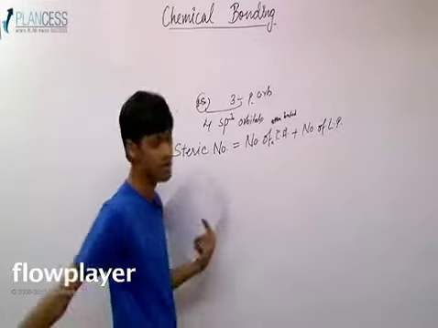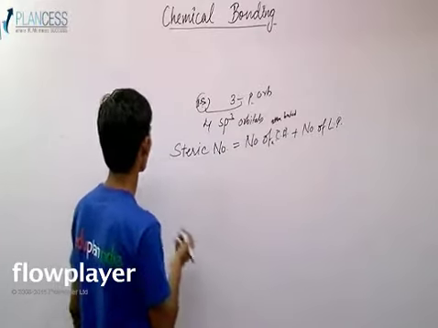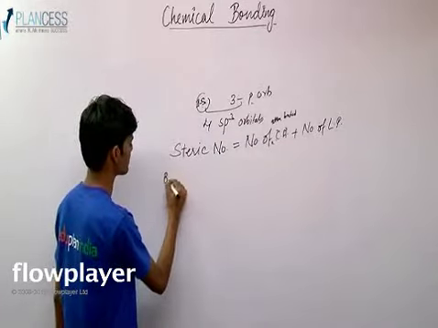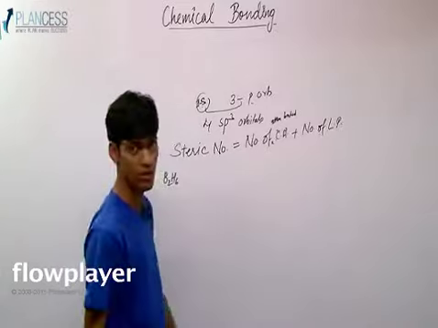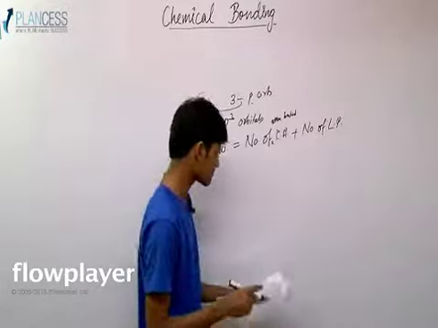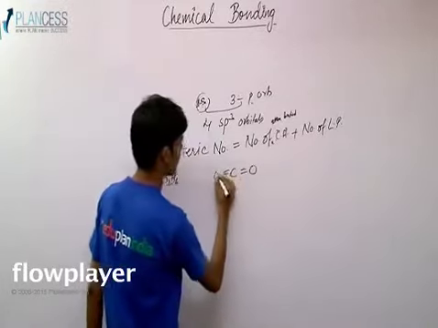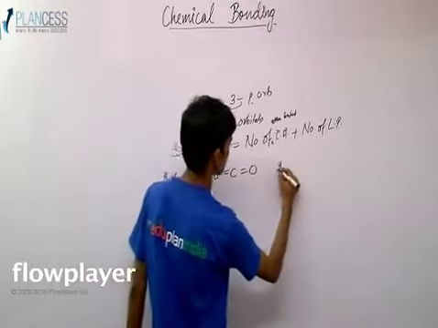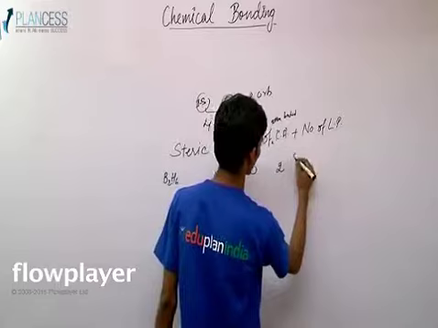First of all, this rule is not applicable to odd electron species and electron deficient species like B2H6, because this has a 3 center 2 electron bond, which we will study later in this lecture. So for example, the steric number for CO2: the number of atoms bonded is 2 plus the number of lone pairs on carbon is 0, so its steric number is 2.